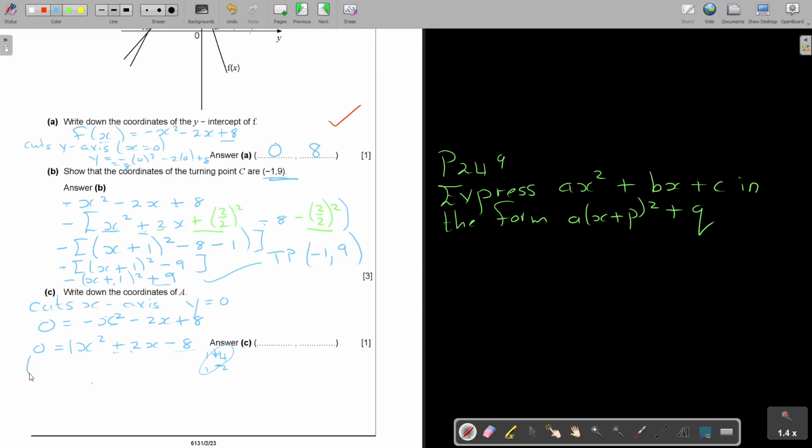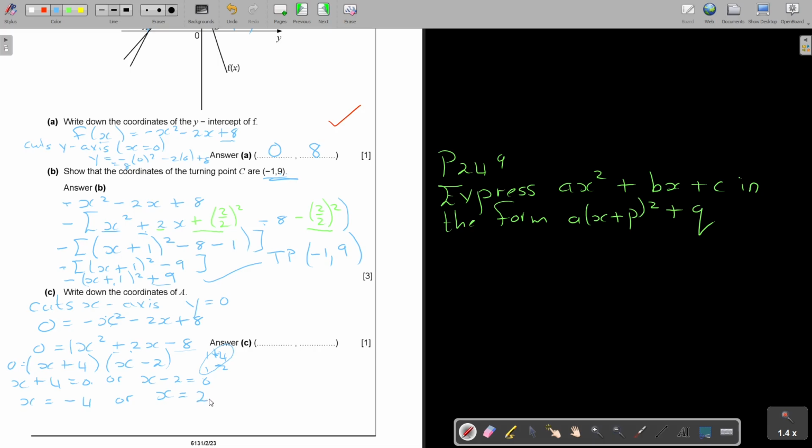So I'm ending up with x plus 4 and x minus 2. And then if I put this one equal to 0, or this one equal to 0, I get that x is equal to negative 4, or x is equal to 2.